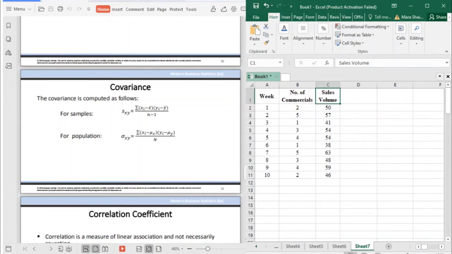First thing we need to get is your X minus the mean of X, and your Y value minus the mean of Y, or the deviation about the mean. So let's get the mean first.